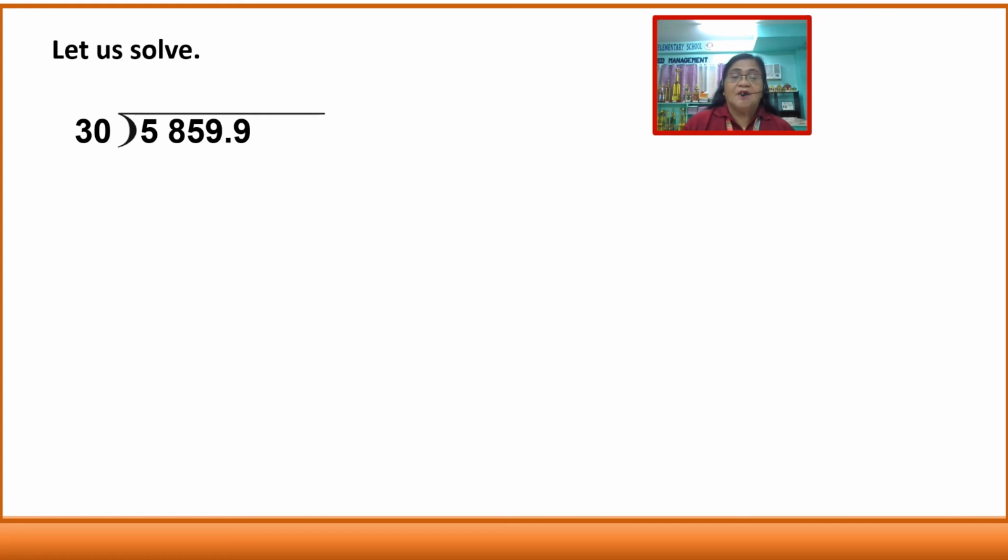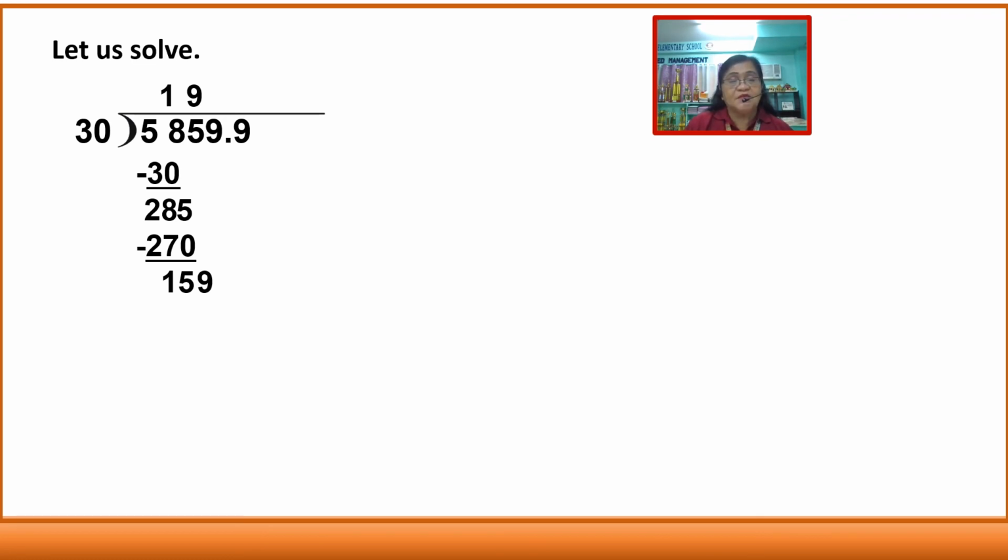To begin with, 58 divided by 30 is equal to 1. 1 times 30 is equal to 30. 58 minus 30 is equal to 28. 28 is lower than 30, so we have to bring down 5. 285 divided by 30 is equal to 9. 9 times 30 is equal to 270. 285 minus 270 is equal to 15. 15 is also lower than 30, so we have to bring down 9 so that we can divide it.